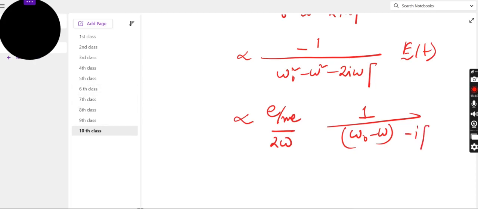Here there is a step of calculation which the professor has already discussed in the class.